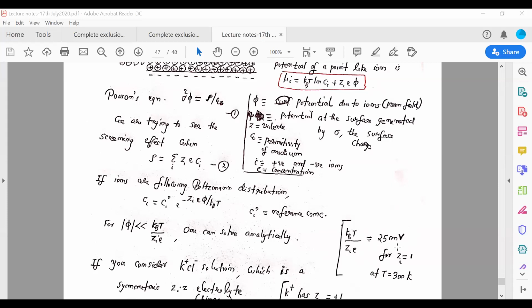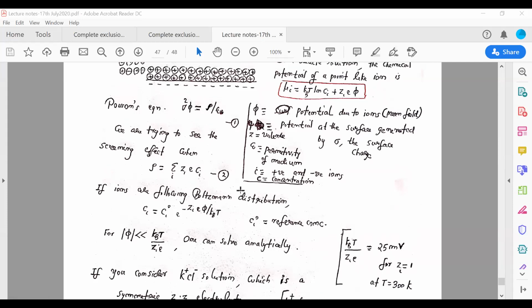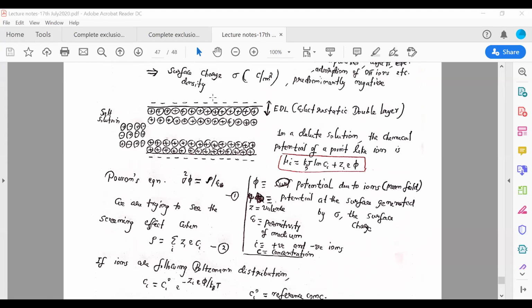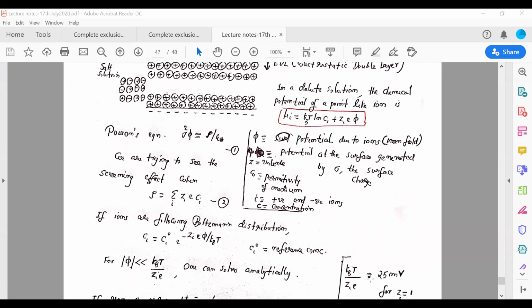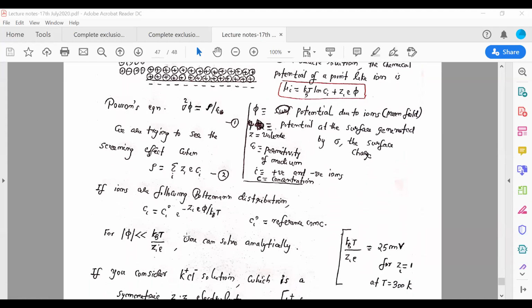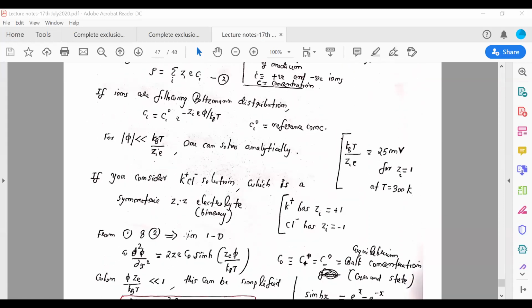I think you know that, isn't it? kBT at room temperature is 25 millielectron volt. If the surface potential is much smaller than this value, then the physics we are discussing is correct.